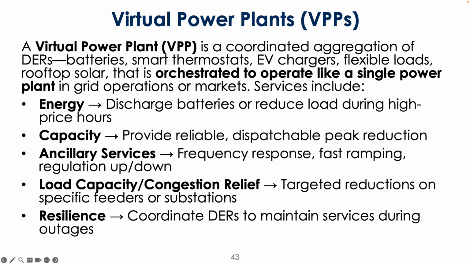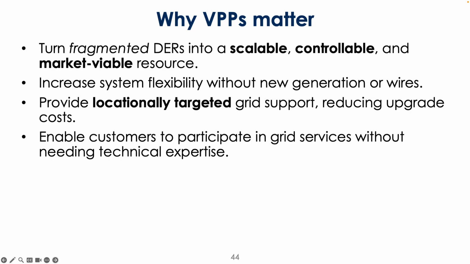The nuance is in the definition: the aggregator takes DERs and makes it look like it's operating like a single power plant, whether we're talking about dispatching generation or dispatching load reduction. So the aggregation is really the key part of the VPP. You're turning these fragmented DERs into something that's scalable, controllable, and provides a resource to the market.